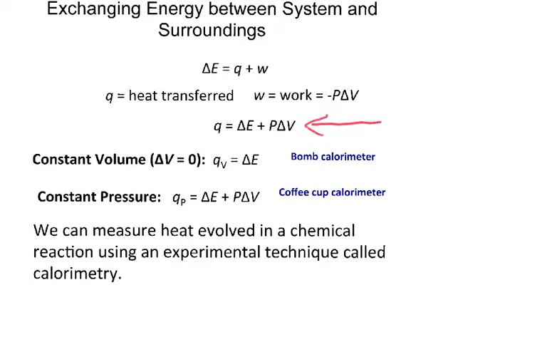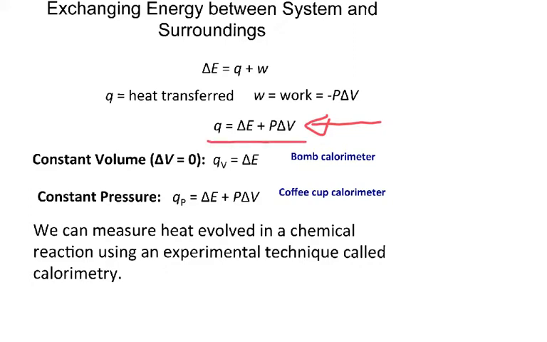You should think, why would we want to do that? Well, changes in heat are easy to measure. It's easy to take a temperature reading. It's harder to measure pressure change or volume change in a reaction. It's much easier to look at heat. This is why we want to rearrange this equation.